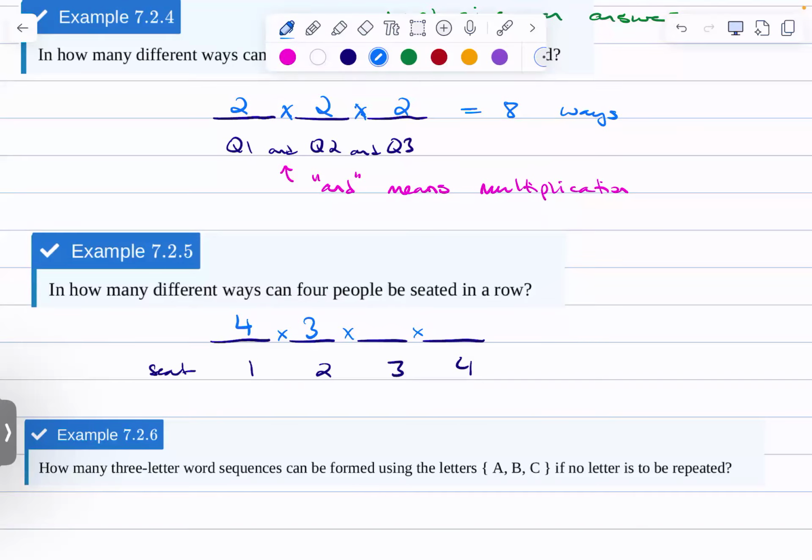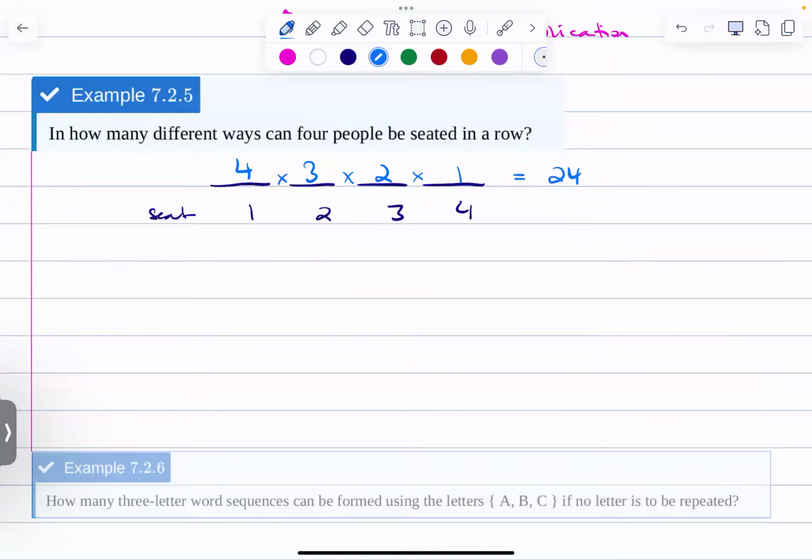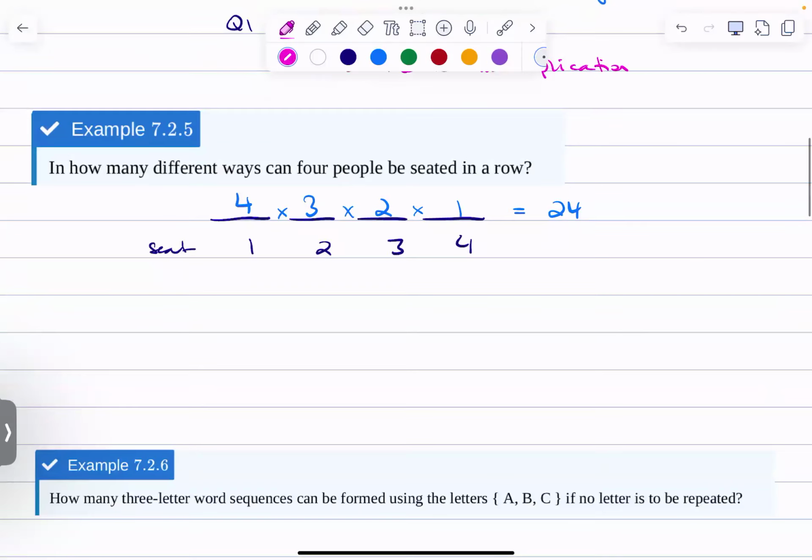And by the same logic, then I only have 2 people left for the third seat. And finally, I only have 1 choice for the fourth seat. I'm gonna go with 24. Okay. I will make a note here.